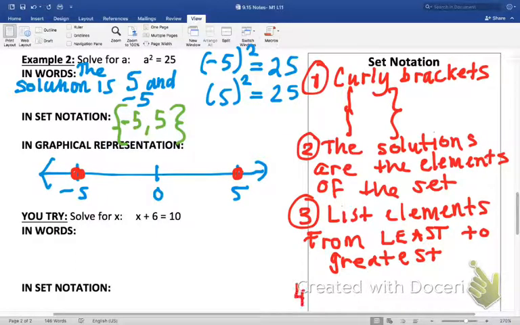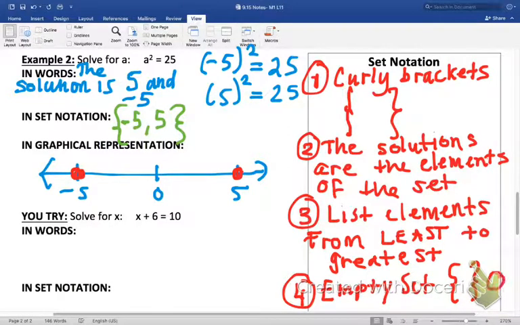And the last thing to note here is if there are no solutions, we could have an empty set, which means you just draw your curly brackets and you don't put anything inside. Another option would be to draw a 0 with a line through it, and that would mean the same thing.